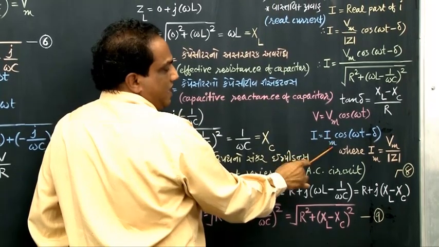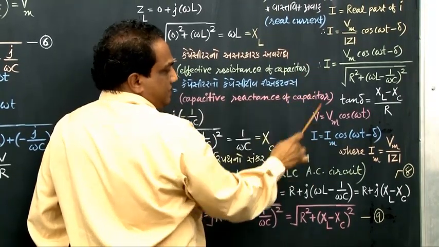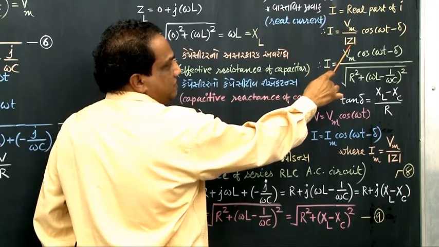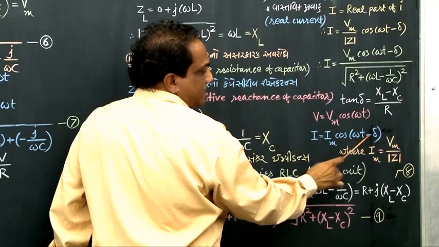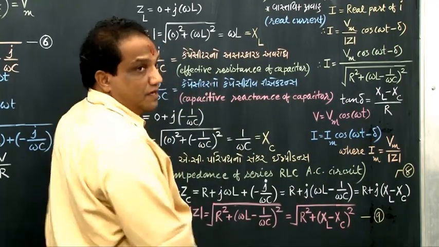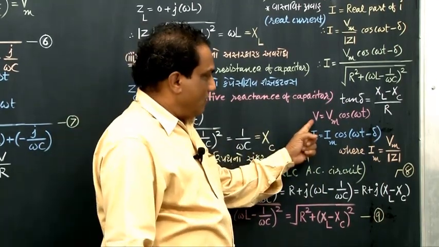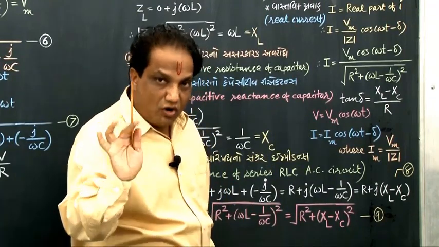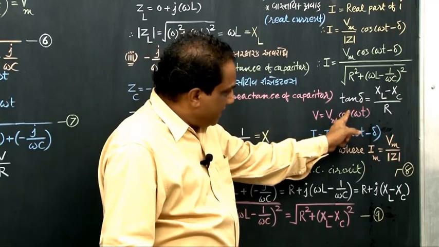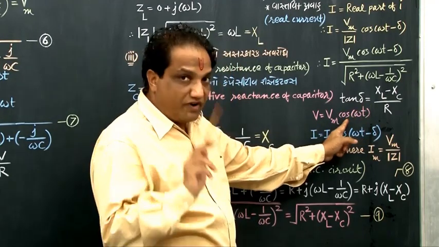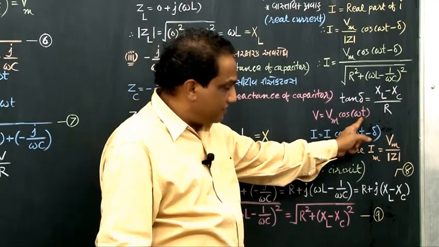Let it be shown by symbol Im. So this I as it is, maximum current Im cos of omega t minus delta. Remembered? In the formula of a periodically changing quantity, if you find some periodic function, then the bracketed part with the periodic function gives you phase.